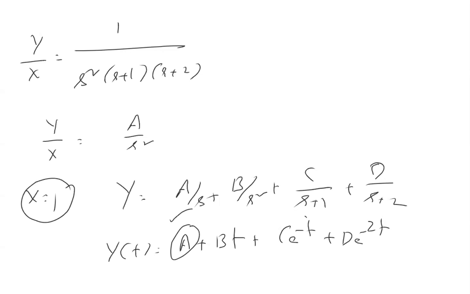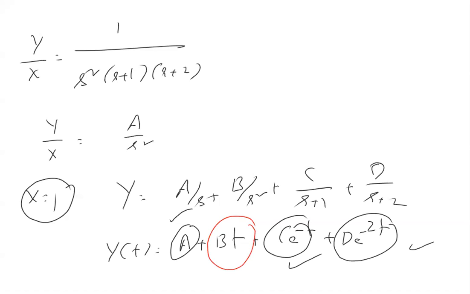This is fine, this is fine, this is fine. But what happens to this one? Y of infinity is infinity. So that means it is not stable, it is continuously increasing. That is why, with this s square, the simplest input that you are taking is x equal to 1, which is unit impulse input.